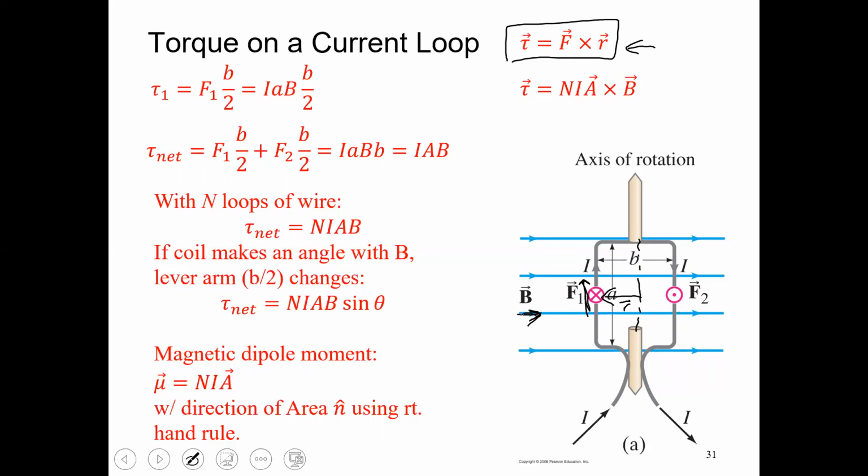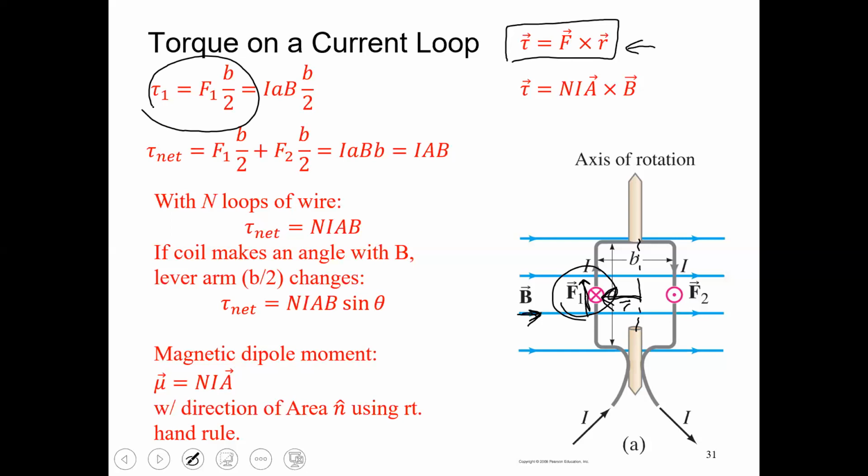So when we rotate our hand around, we're going to see that the force is into the page, as denoted by that X. So since that's at right angles with this thing we've defined as the lever arm here, the torque on that left-hand side that we'll just label with a 1 is the force there times the length of our lever arm, which is just half the length of that B length of the current loop.